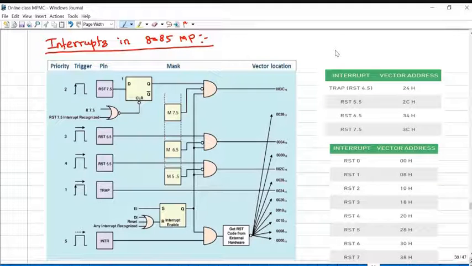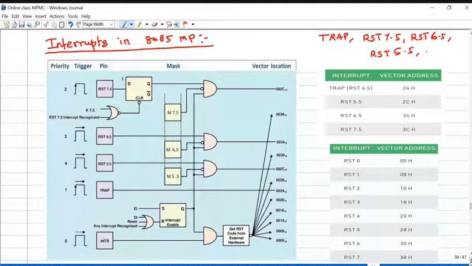So while studying the pin diagram of the 8085 microprocessor, we came to know that the microprocessor supports five hardware interrupts. What are those interrupts? TRAP, RST 7.5, RST 6.5, RST 5.5, and then INTR.